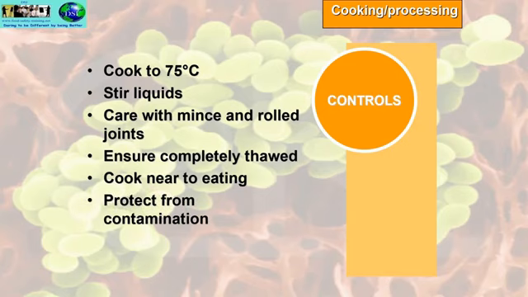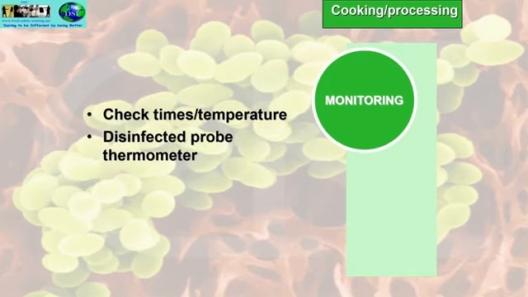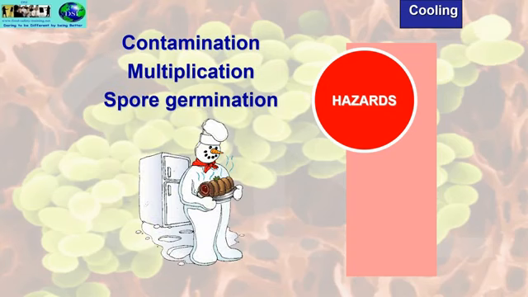You need to protect from contamination and care with acid food. Cooking and processing monitoring: check the times and the temperature. Use a disinfected probe thermometer. Audits and inspections. So cooling, you can get contamination, multiplication and spore germination from inadequate cooling.